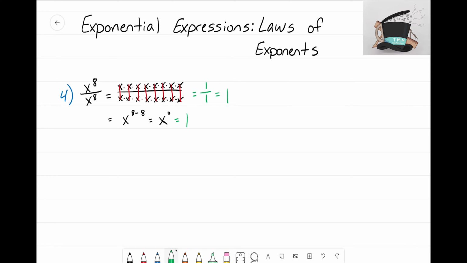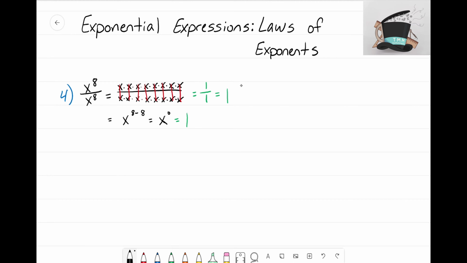Anything to the 0 power is going to be 1, because all of those variables are canceling out, and you're just left with 1 over 1, which is 1. So that is our fourth law of exponents: anything to the 0 power just becomes 1.